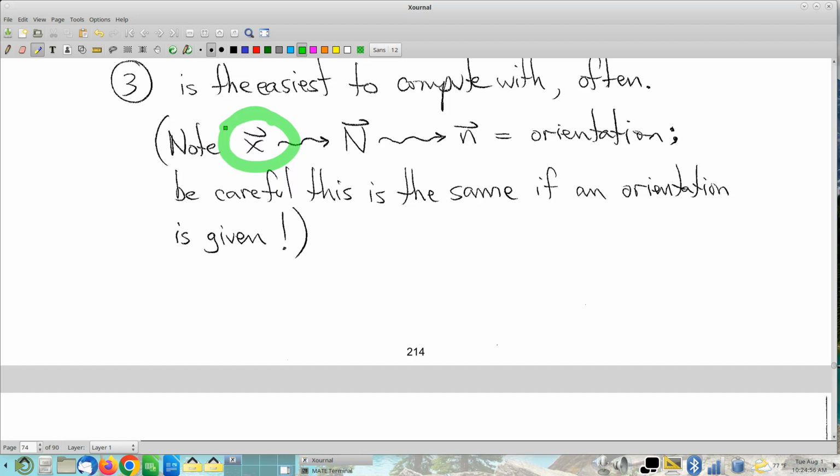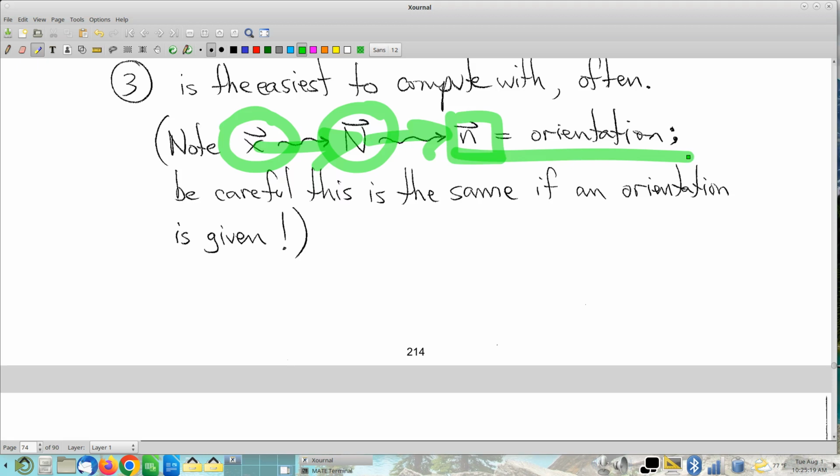We just parameterize whatever way is the most convenient, and there's a bazillion ways to do it. And yet, that parameterization gives rise to your capital N vector. That capital N vector gives rise to your unit normal vector, which describes your orientation.